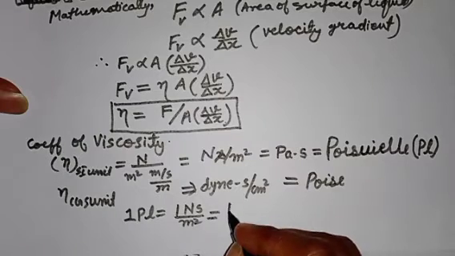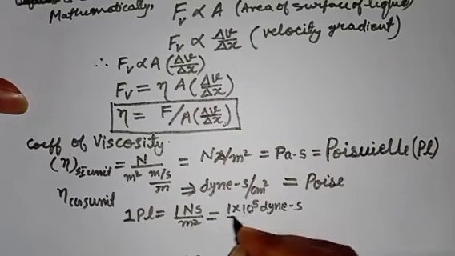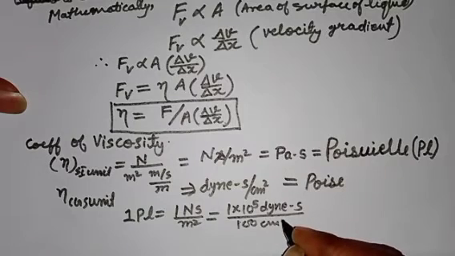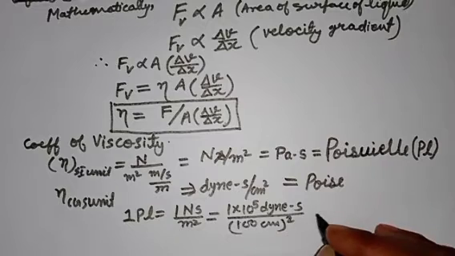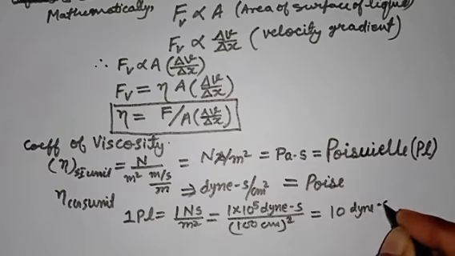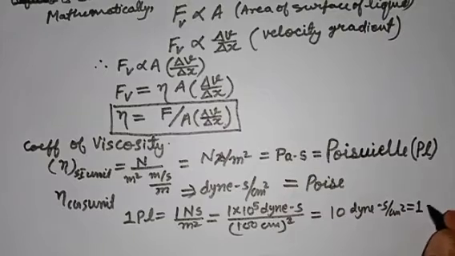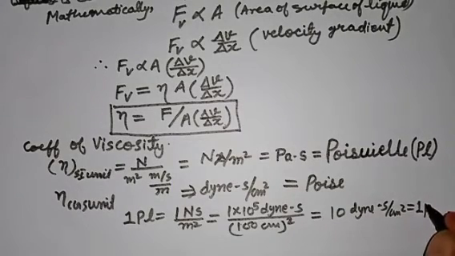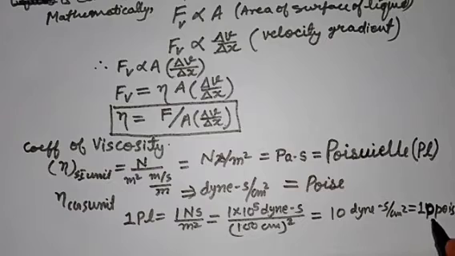This is 10 to the power 5 Dyne second upon 100 centimeter square, which gives 4 powers of 10. Finally it will be equal to 10 Dyne second per centimeter square, which is 10 poise. So 1 Poiseuille is equal to 10 poise.